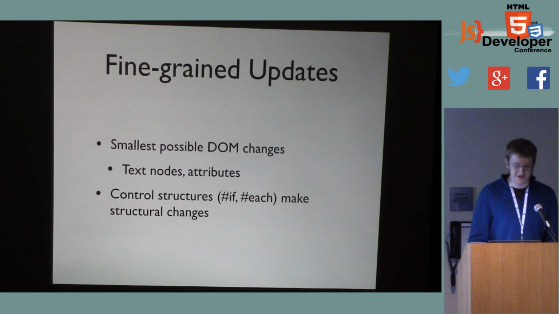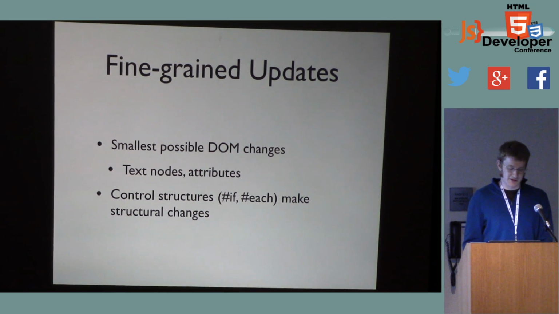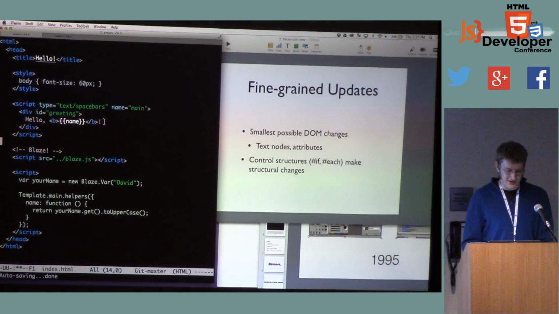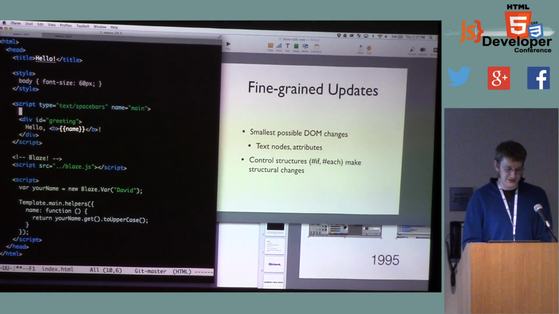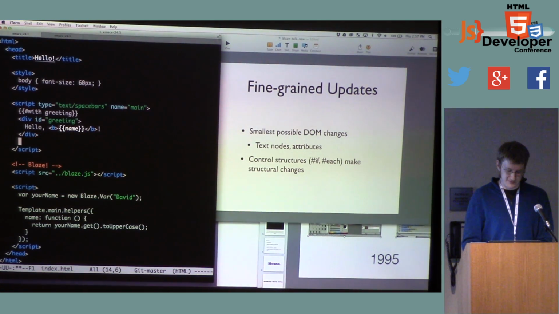So we have fine-grained updates, meaning that the smallest possible DOM change happens when the data changes. Control structures like if and each are what make larger scale structural changes. And let me just make this a little more interesting. Do some live coding here. So suppose instead, this might require small knowledge of Handlebars, but basically one of the constructs in Handlebars is if I use with, I can set the current context for any data lookups that happen.